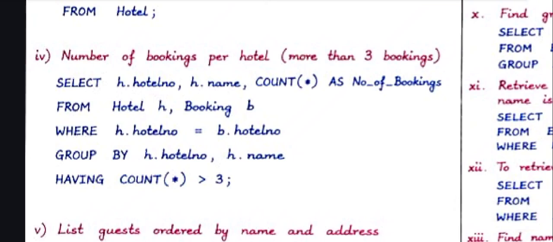Group by h.hotel number, h.name, having count of star greater than 3. Group by h.hotel number and hotel name.